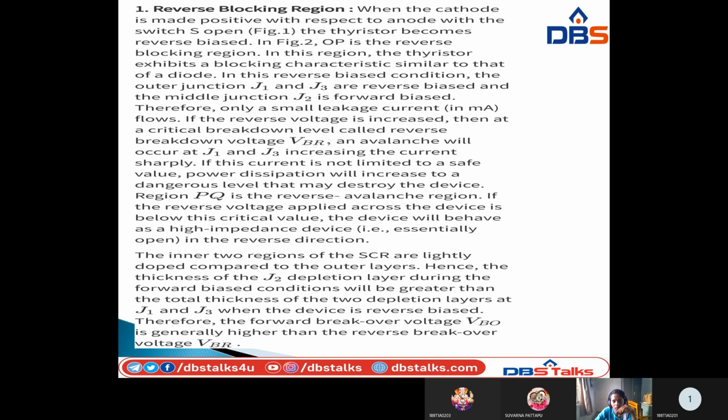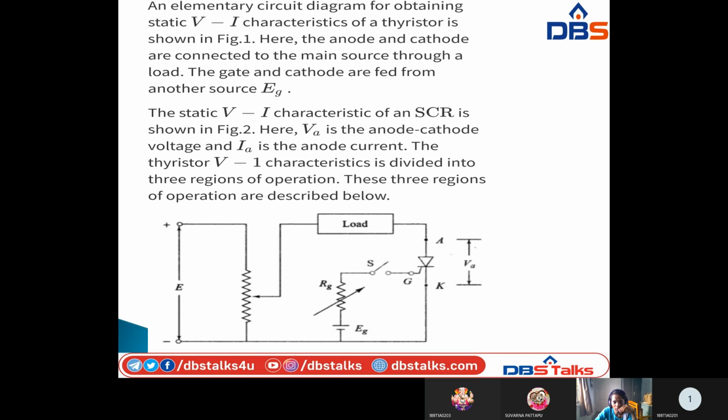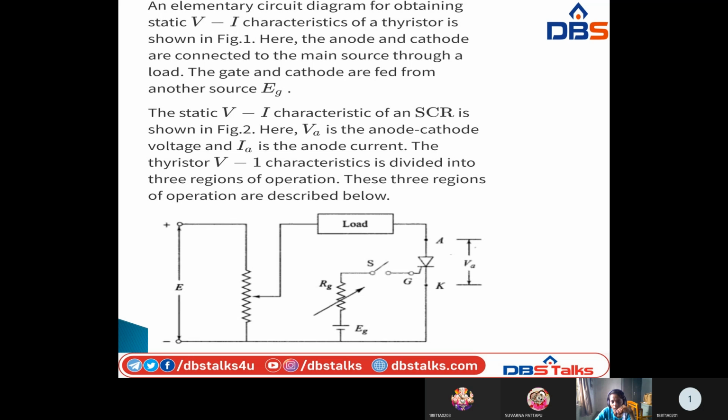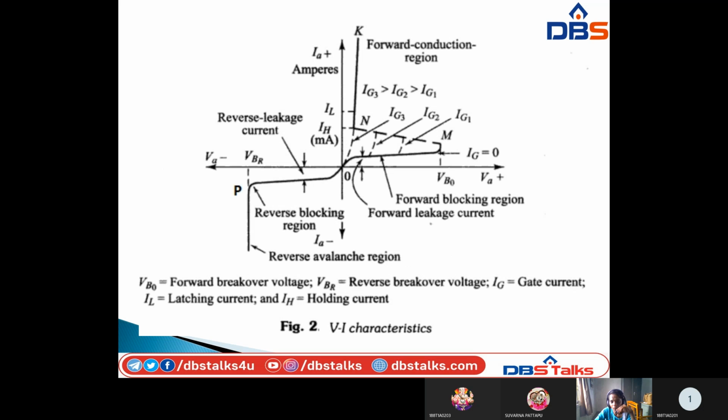So here in the graph we have to see the static VI characteristics. Here this is the forward blocking region, this is the forward conduction region, and this is the reverse blocking region and reverse avalanche region.